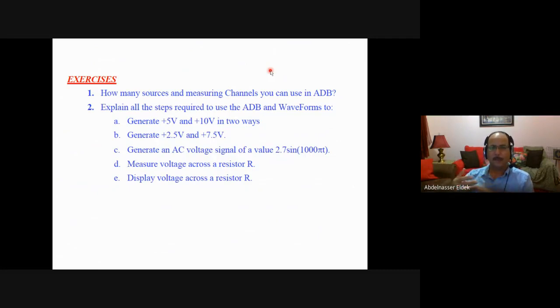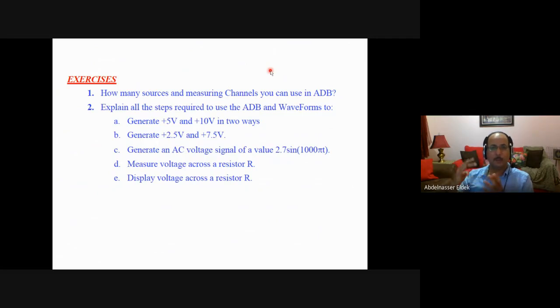How many sources? Of course, you can use the white and black as a -5, and red and black as a +5. You can use yellow and black as channel number 1 of the wave generator, the function generator, and yellow with white strip and black as channel number 2. Then you have 4 now.